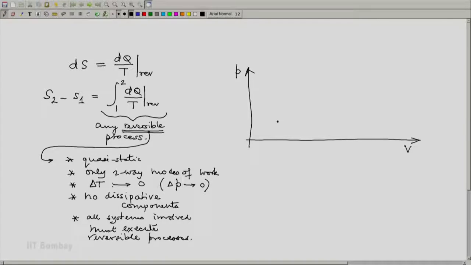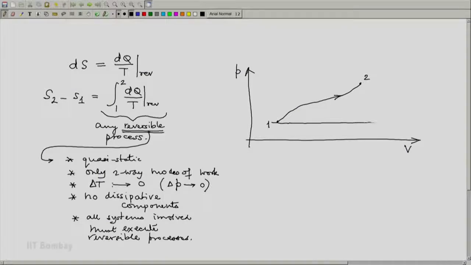And let us say that this is state 1 and this is state 2. And now I am going to show processes which I claim to be reversible. One possibility is you take a process which is like this. Now although this is a possible process, perhaps reversible, and a candidate process for evaluation of entropy, the variation of P and V is not uniform. So the integration may not be easy or straightforward.